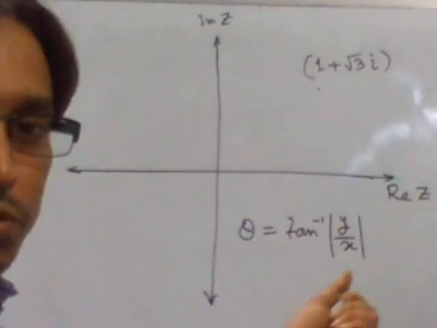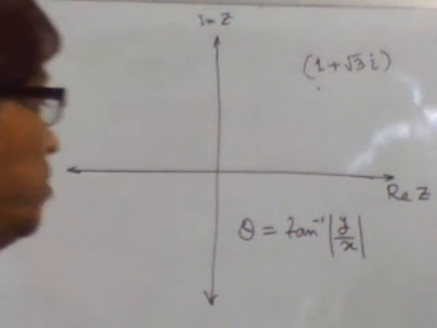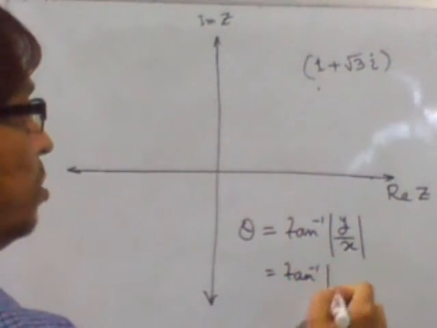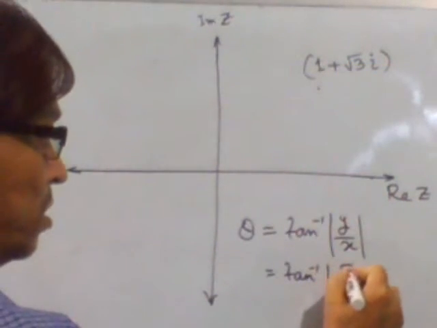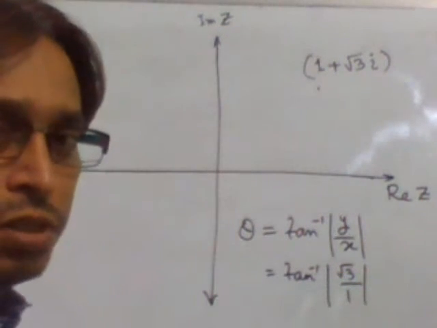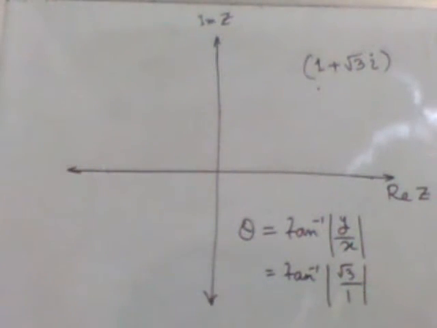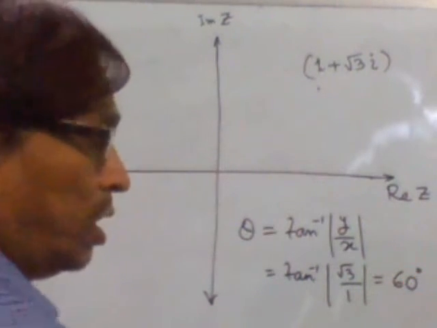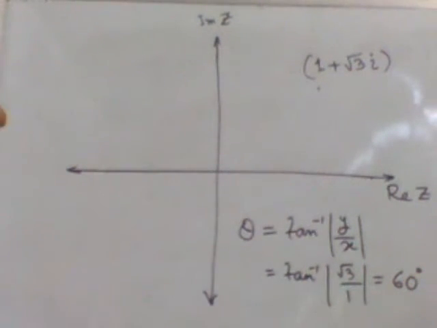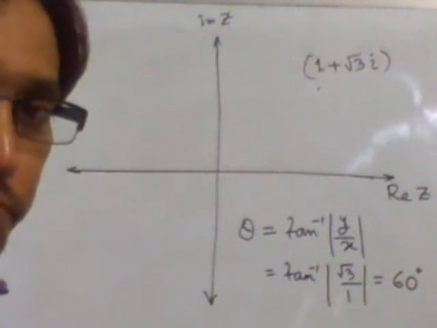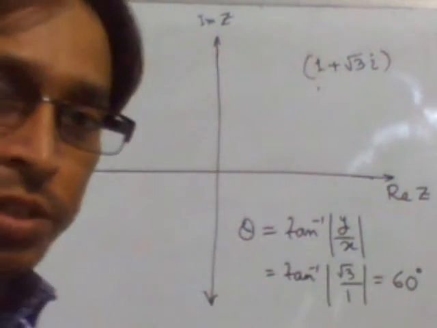Tan inverse modulus y by x means just the value. In this case it will be tan inverse, your y is root 3 and x is 1. So tan inverse root 3 by 1, that is actually tan inverse root 3. So its value will be 60 degrees. So if it is in the first quadrant, then the argument of this complex number will be 60 degrees, or you can say pi by 3.